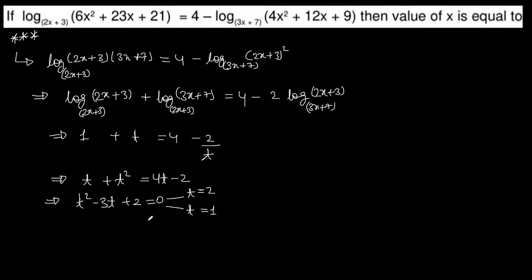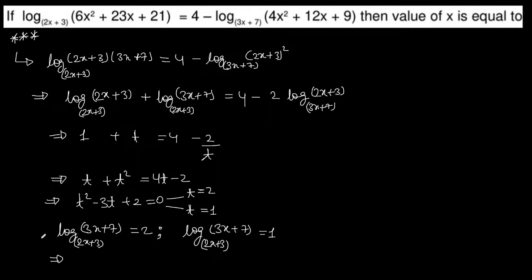Okay, so t is log 3x plus 7 base 2x plus 3, which is equal to 2, or this is log 3x plus 7 base 2x plus 3, which is 1. If you take power, this is 1, this is 2.